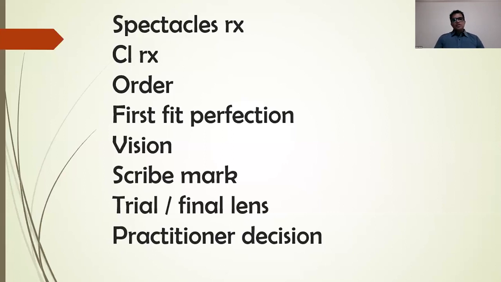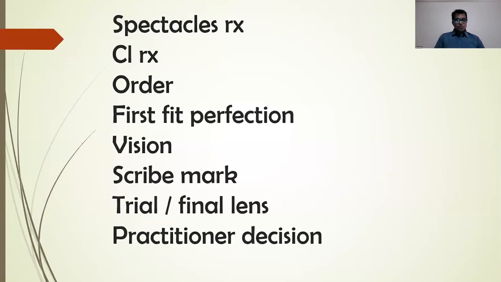Now most of the companies with advanced designs give you, I will not say the word guarantee, but they assure you of what is called a first fit perfection. So they claim, and we have also seen, that most of the lenses give you a first fit perfection. If you are perfect in your spectacle prescription, in the lenses you order according to the spherical, cylinder and the axis, you should have a first fit perfection.